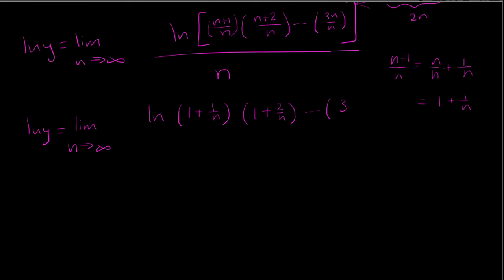But I'll just leave it as 1 plus 2n over n. And for this one, I'm going to take advantage of ln of xy equals ln of x plus ln of y. So I'm going to rewrite this whole thing.